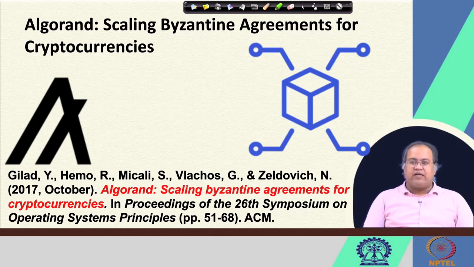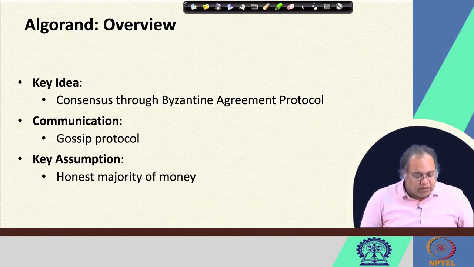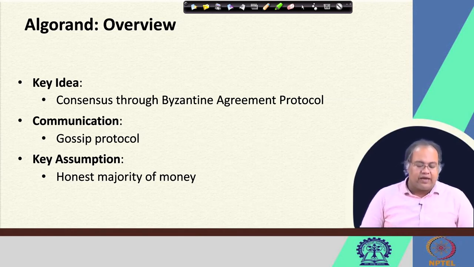So, it would be nice for us to learn what magic Algorand does to scale up in terms of both the number of nodes that can be supported, as well as the transactions per second, that is, the transaction throughput supported by the underlying blockchain. If I look at the overview of Algorand, the key idea is that it achieves consensus through a Byzantine agreement protocol.